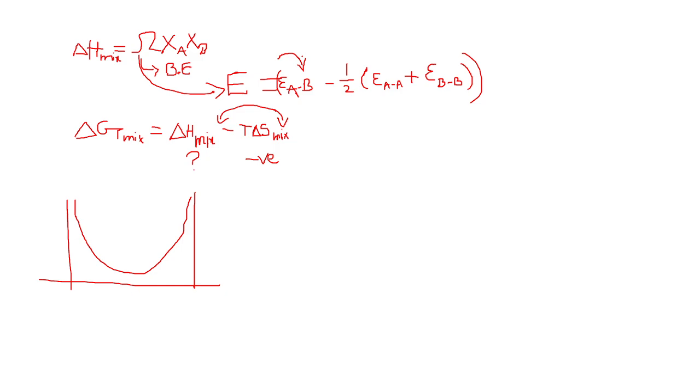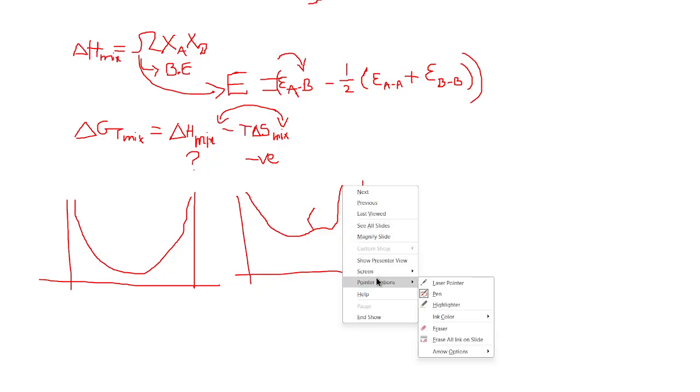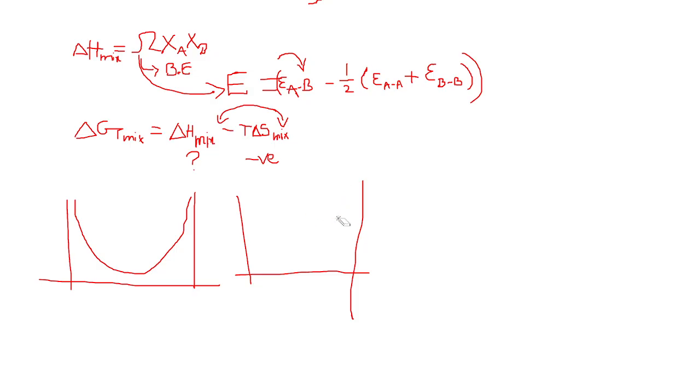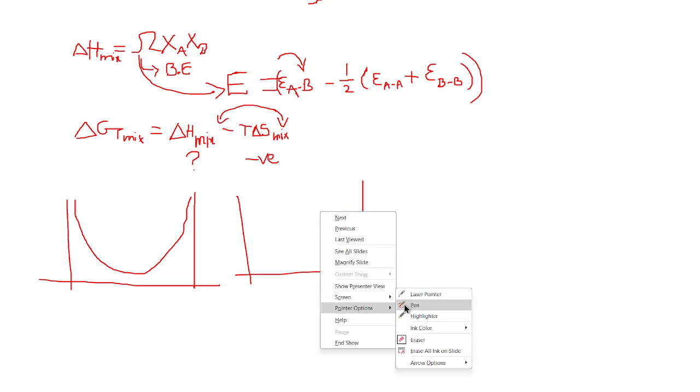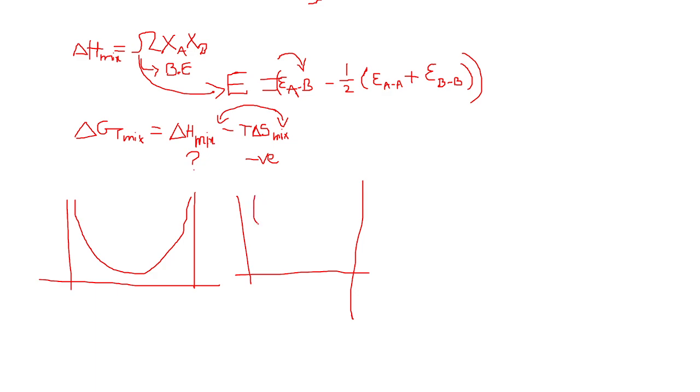Now for that scenario, the delta G mix versus composition curve will not change shape. So it will move upwards. If I show here, it will look like it has moved upwards.